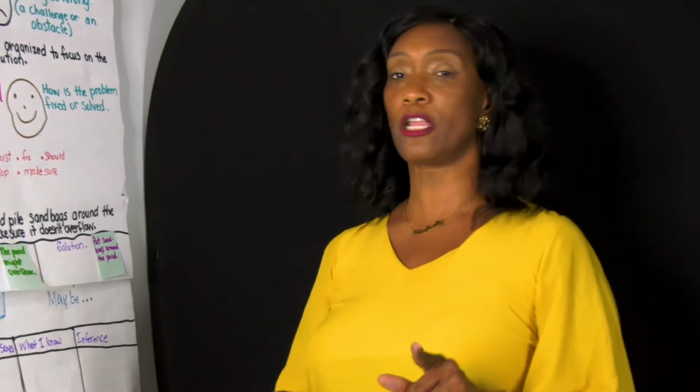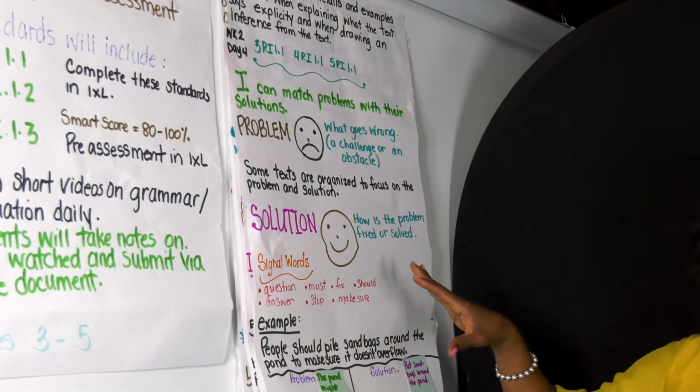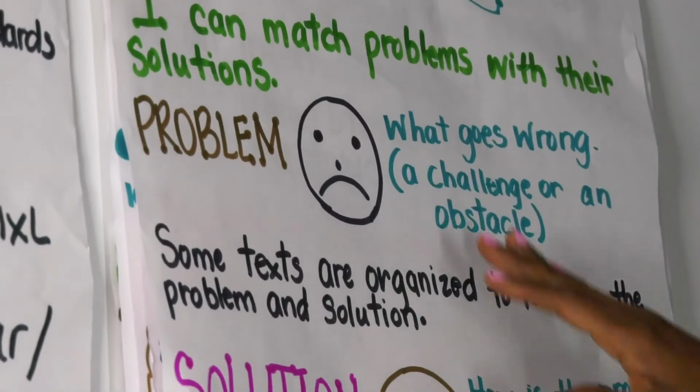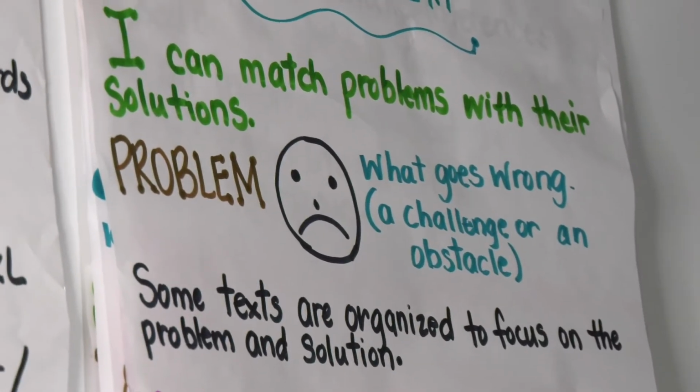Let's talk a little bit about the definition of a problem. The problem in a story or an informational text, it could be literary or informational, but right now we're focusing on informational text. What goes wrong in that text?